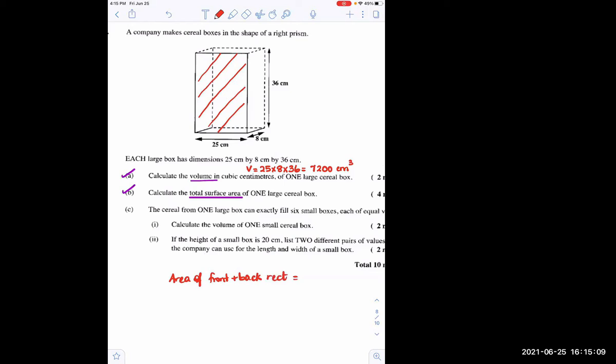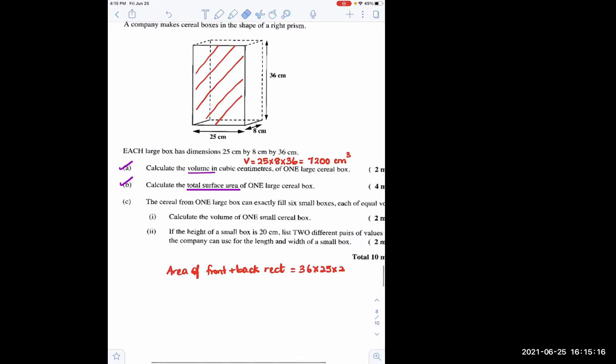So that is 36 by 25 by 2. Well, let me put it 36 by 25. You all have 36 by 25, right? Yes, miss.